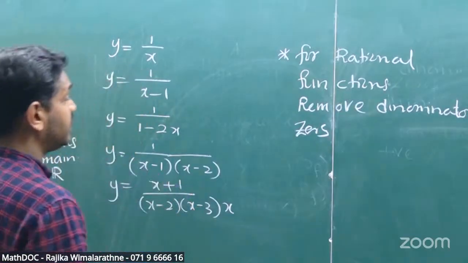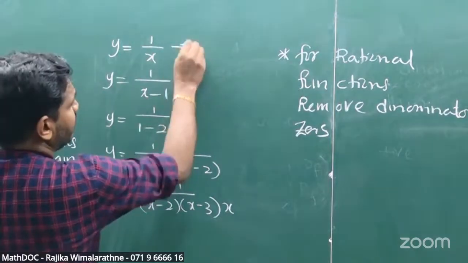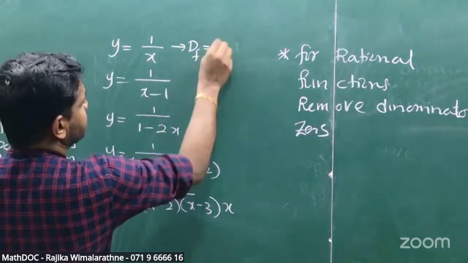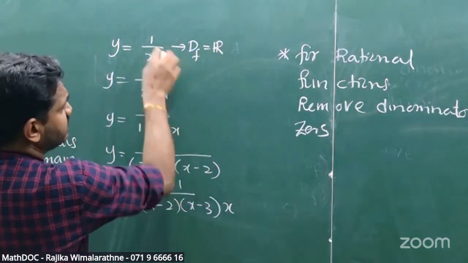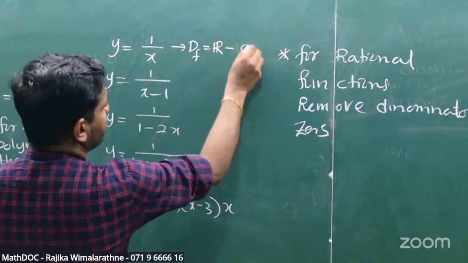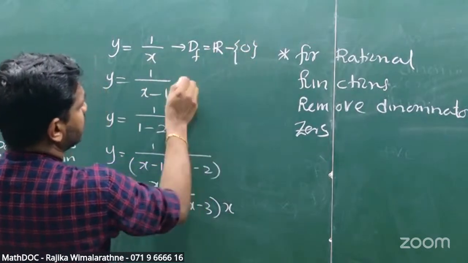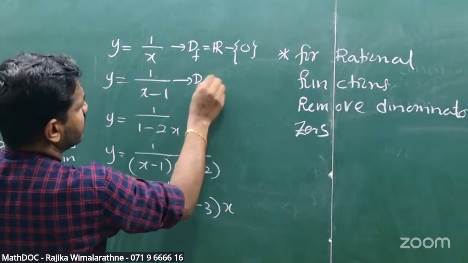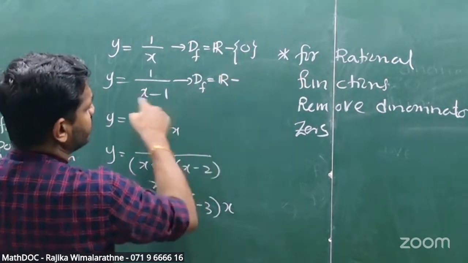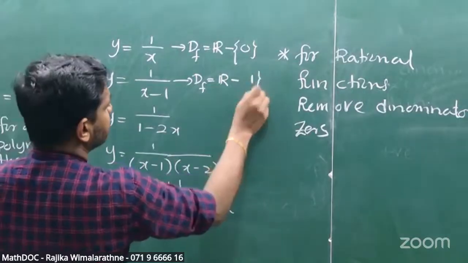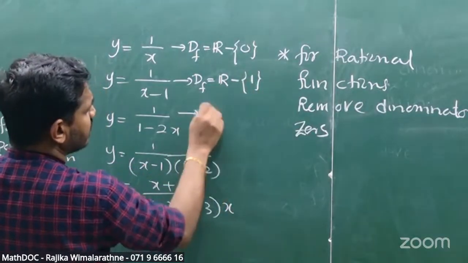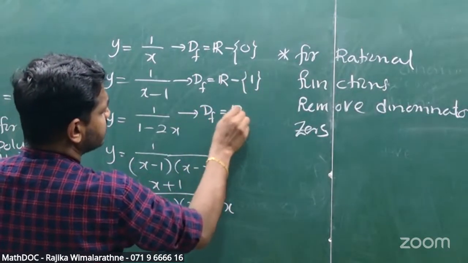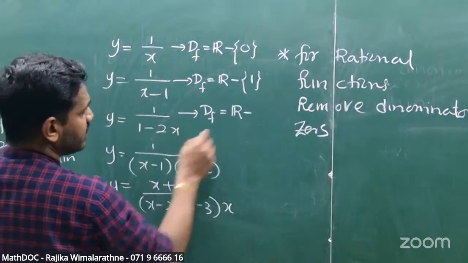Okay. Then here, the domain is usually the real set, but we have to remove the denominator zero. Then you remove the denominator zero here. Here the domain is the real set, you have to remove denominator 0, 1. Here, remove denominator 0, that is half.